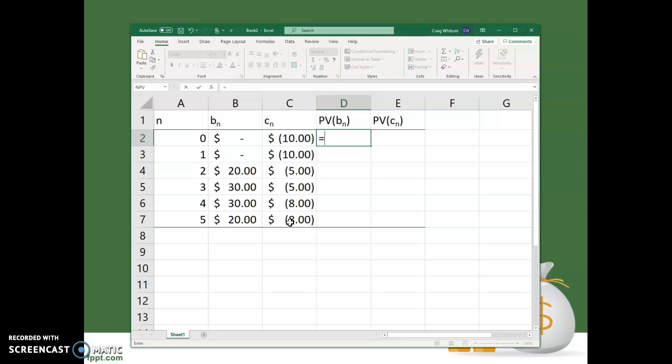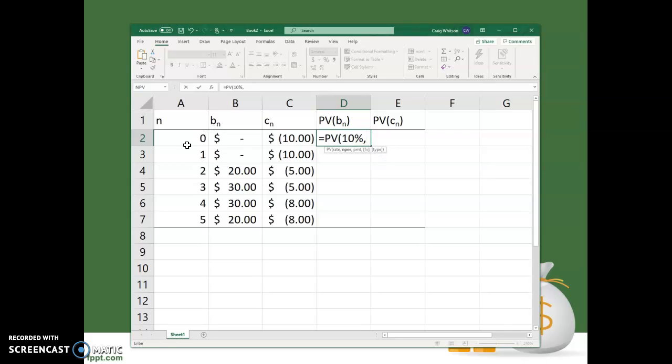So we'll use our present value function, and the rate given in the problem statement was, I believe, 10%. The number of periods: we're calculating everything back to its present value, so we need to look at how many years into the future we either receive that benefit or pay that cost.